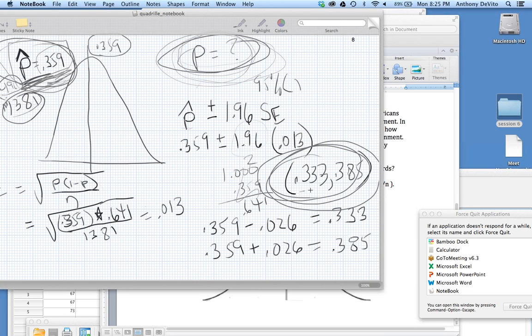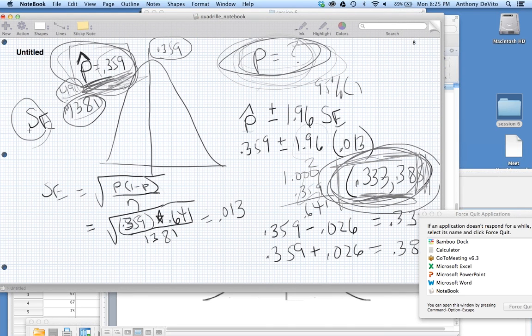So I'm 95% confident based on this result that the true proportion of people in favor of this proposition is between 33.3% and 38.5%, right? Same thing we did before, except that we had a different way of calculating the standard error.